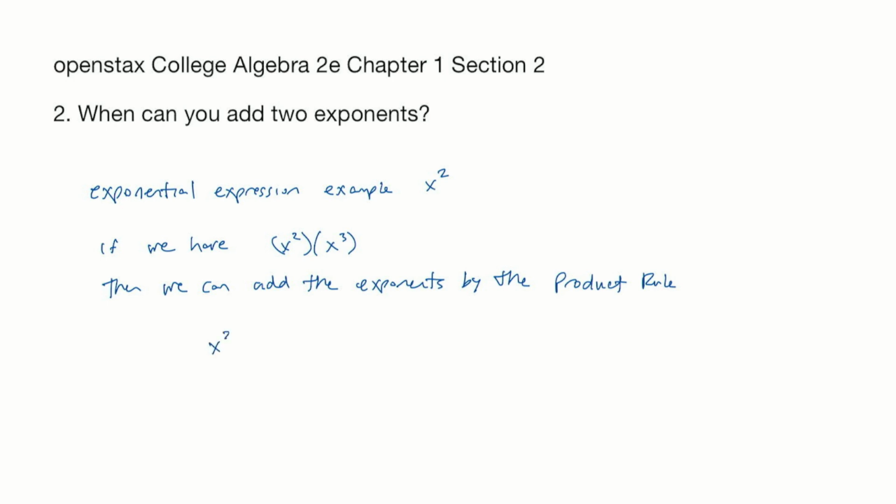And so x squared times x cubed is x to the 2 plus 3, and that makes x to the 5. So the two bases have to be the same. And here the base is x. Right, so the two bases have to be the same, and then when we multiply them, we add their exponents.